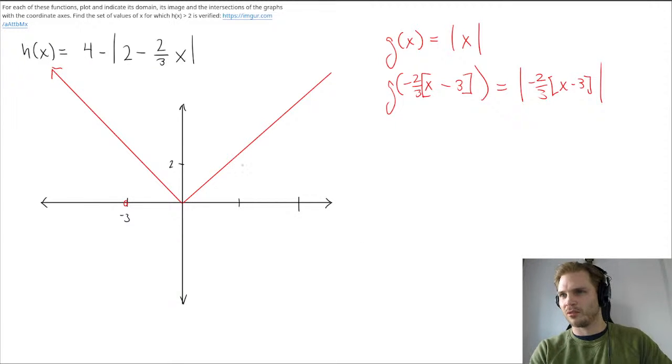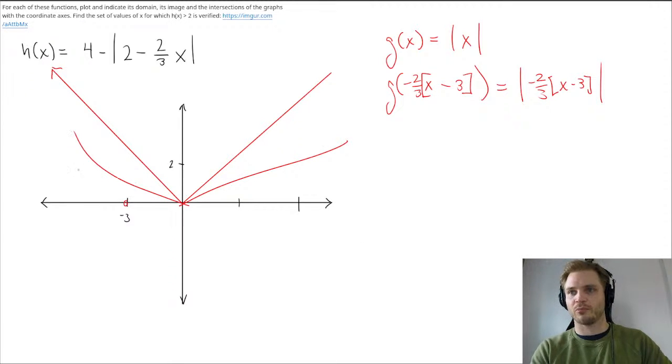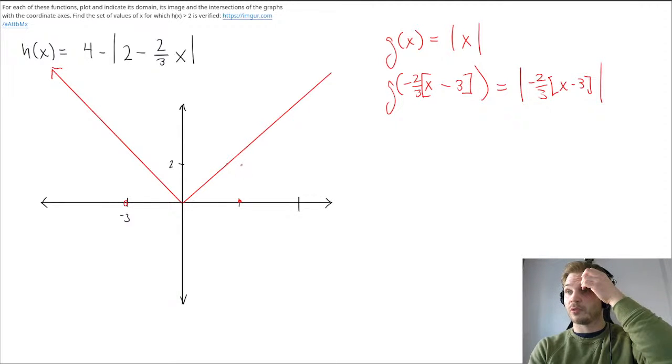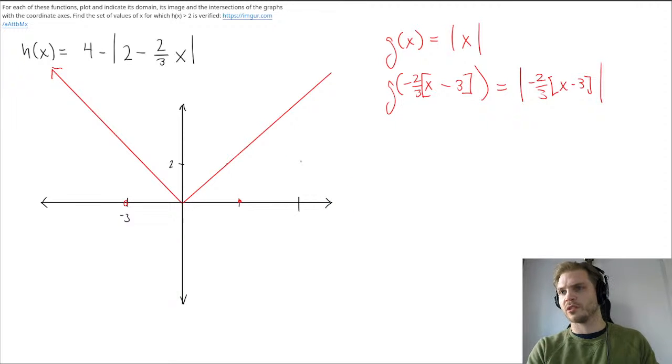So everything gets pushed out this way. Then we'll shift it to the right 3 because we subtract. Everything's backwards from how you would expect. So this point gets moved over to here, and then this is like 2, 2, so that would go to 3, 2, and then that gets shifted over as well, so that ends up here.